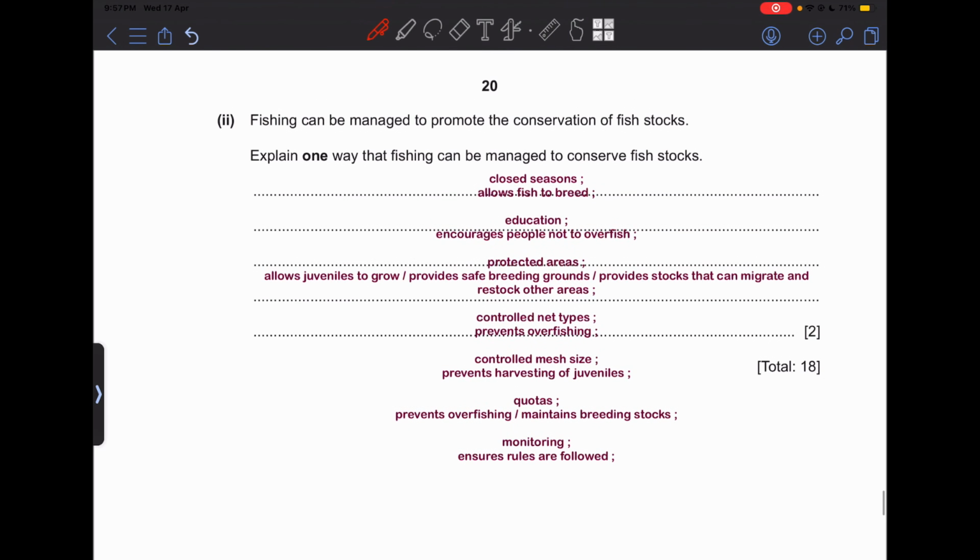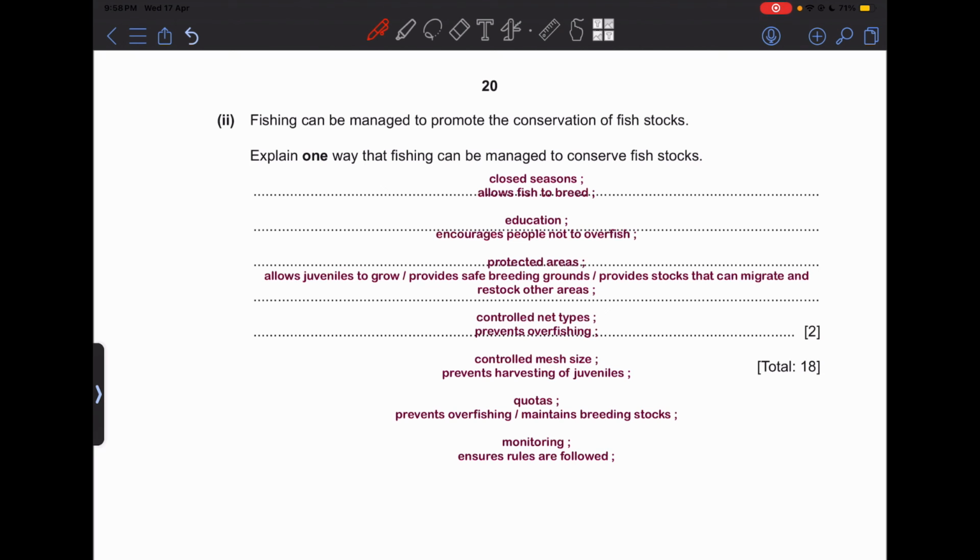So first of all, closed seasons allow fish to breed. This means that they may ban fishing at a certain time of the year, because this is the season where they will breed together. If people fish in that time, then the population will not increase or grow, so they will close fishing in that time of the year.